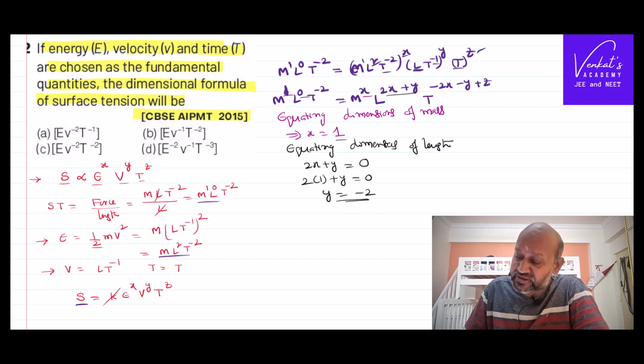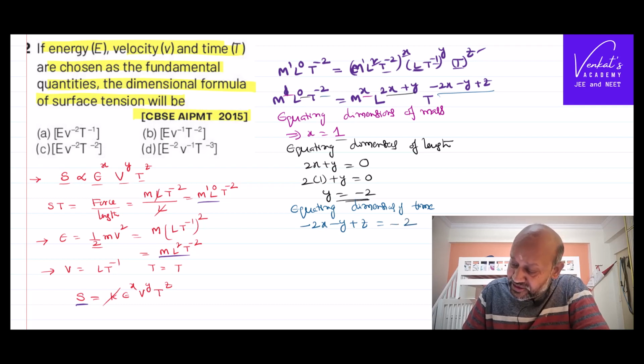Now I need the dimensions of time, right? Then equating dimensions of time, on right hand side this is the power minus 2x minus y plus z, on left hand side minus 2.